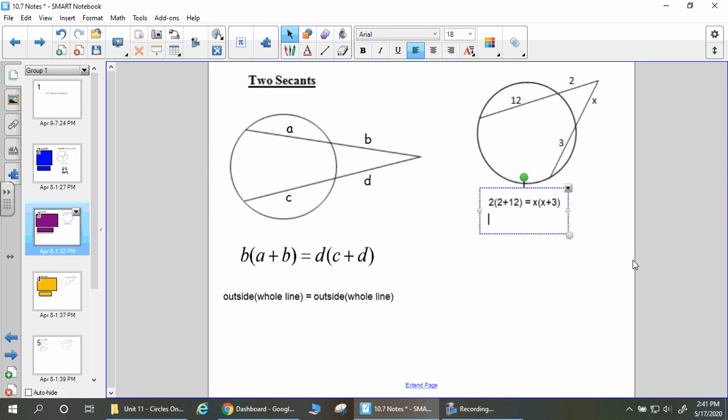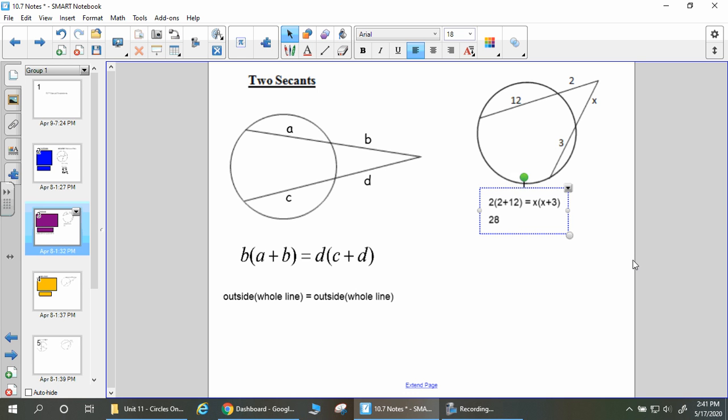So I can say 2 plus 12, I can go ahead and put my 14, or I can distribute and say 2 times 2 is 4, plus 2 times 12 is 24. Either way, whether you're doing 2 times 14 or 4 plus 24, this is going to give you a 28.